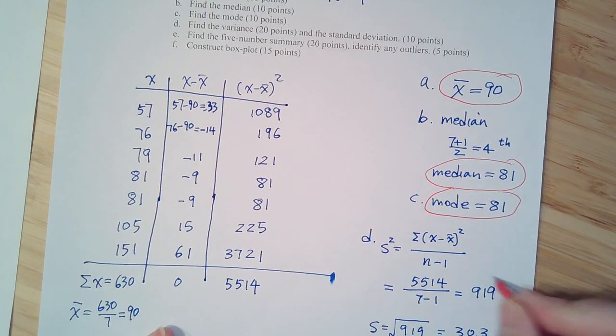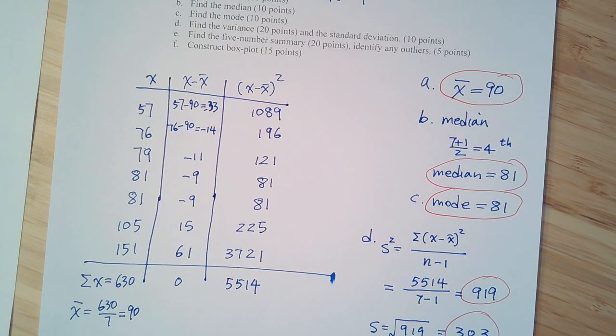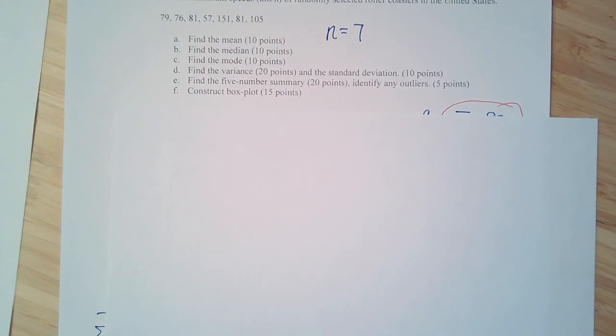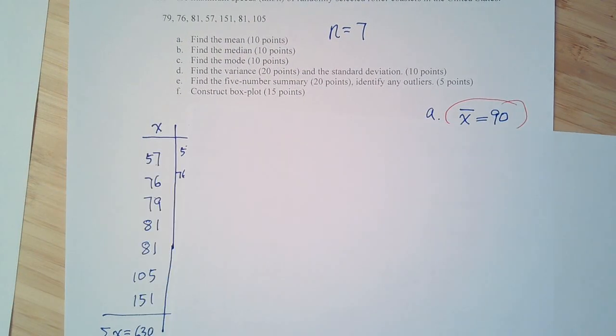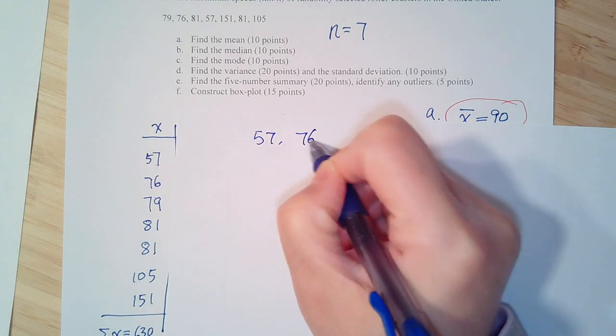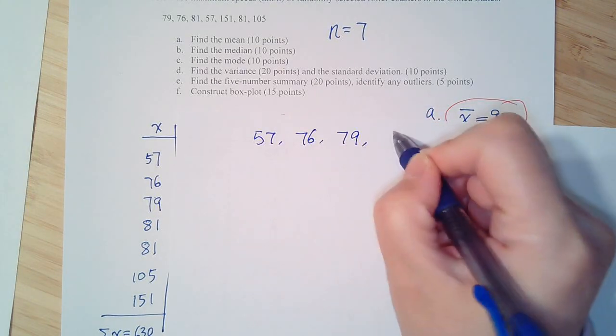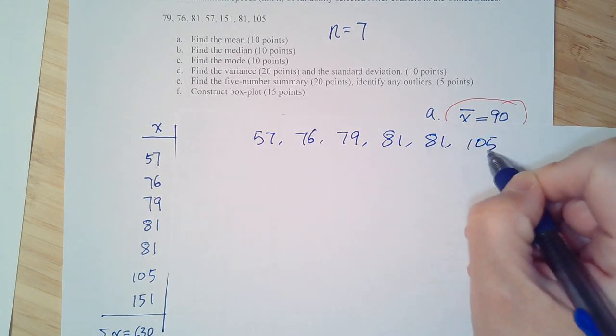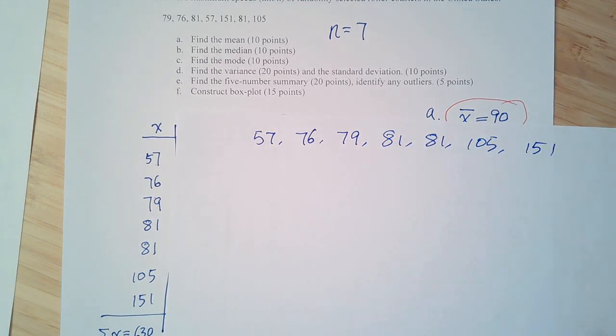The next one will be the 5-number summary, which is what we just did at the end. So we got to do that. So 5-number summary, let me just put those numbers here: 57, 76, 79, 81, 81, 105, and 151. I don't need this paper anymore, and then we're going to do it here.